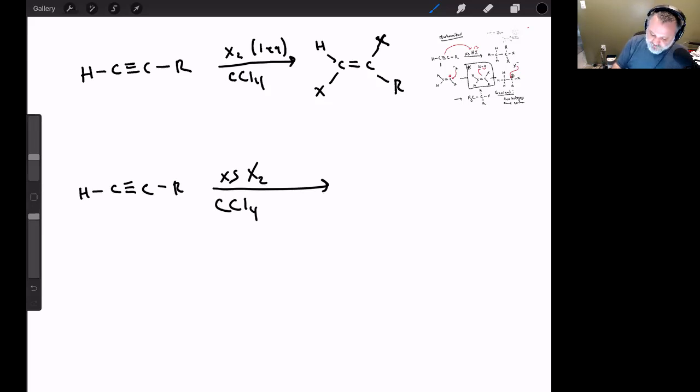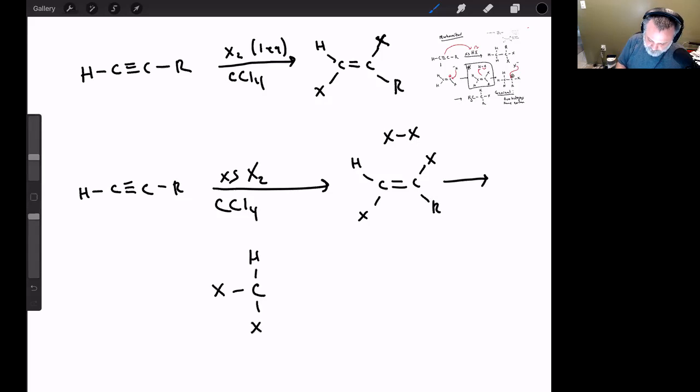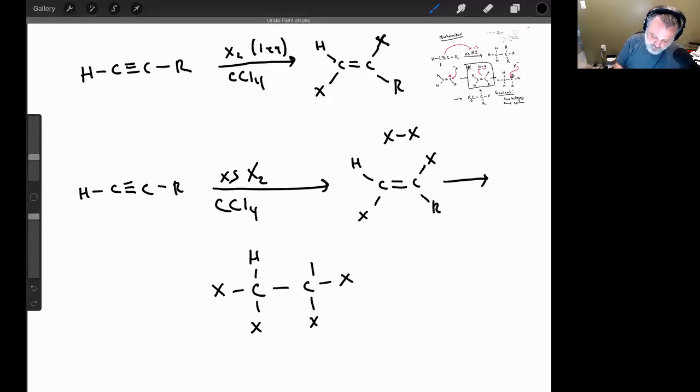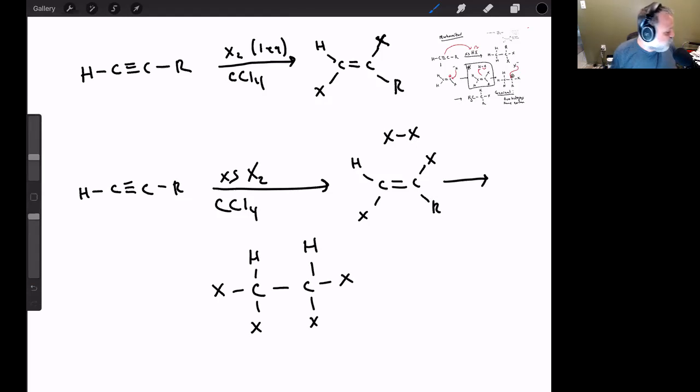And so you could still see where you would get an intermediate where you've only added the halogen once, but if there's more X2 around, then it can continue to add, and you would end up with a situation where you've added that halogen twice now.